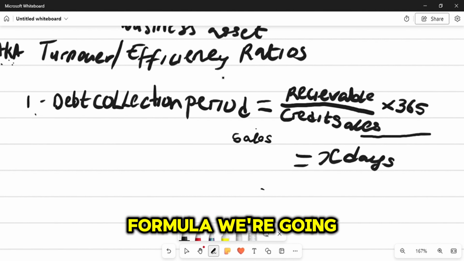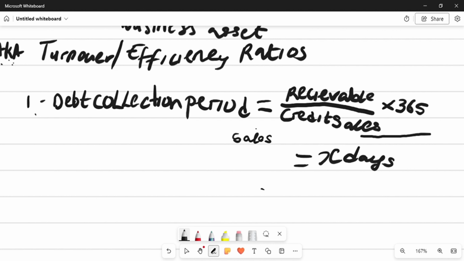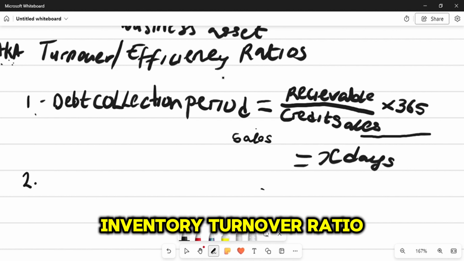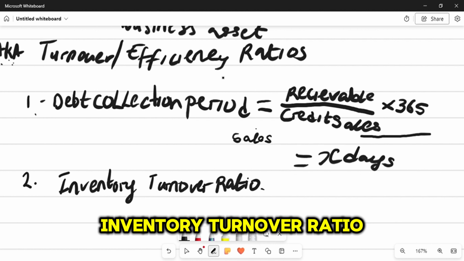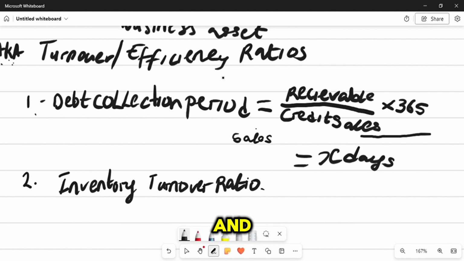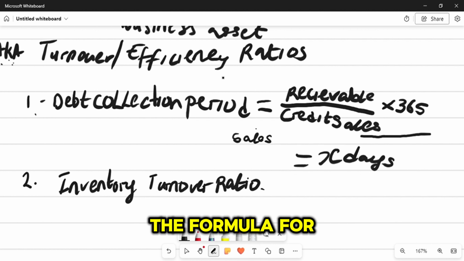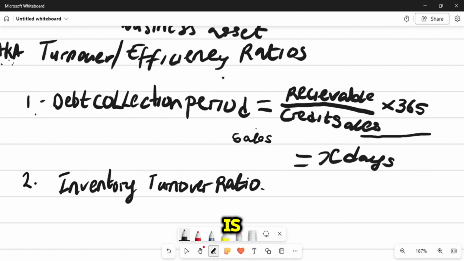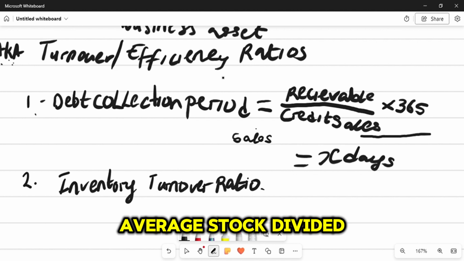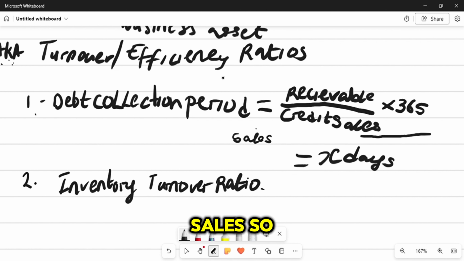So the next formula we're going to look at is the inventory turnover ratio. The formula is average stock divided by cost of sales.